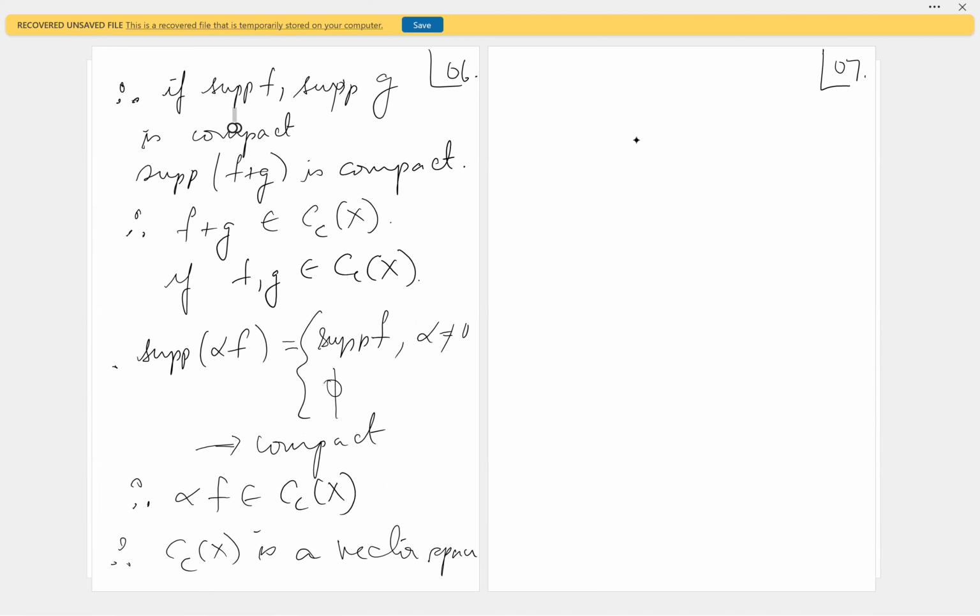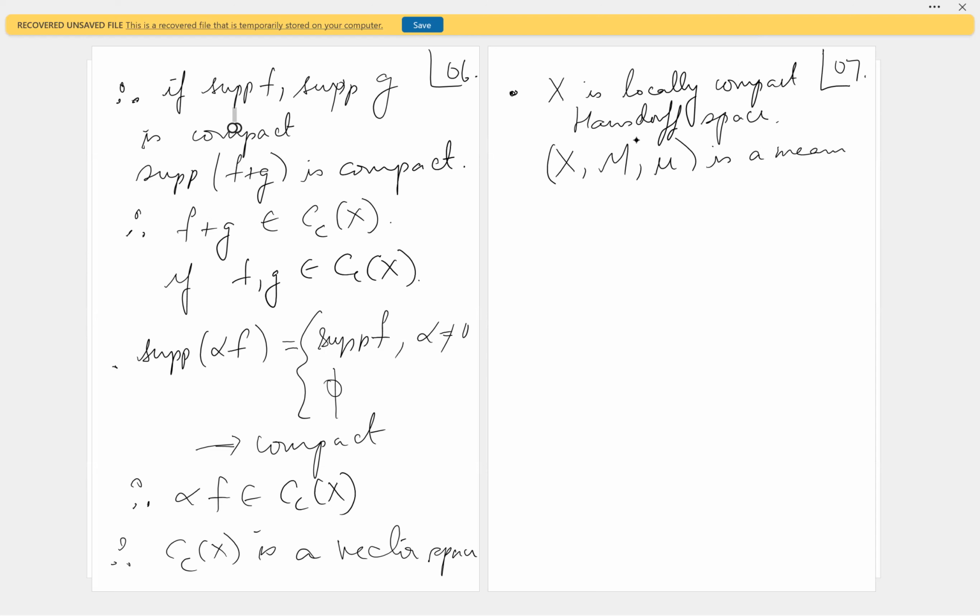Okay, before I move on to the next set, just because we are with C_c(X), suppose this X is my locally compact space and (X, M, mu) is a measure space.